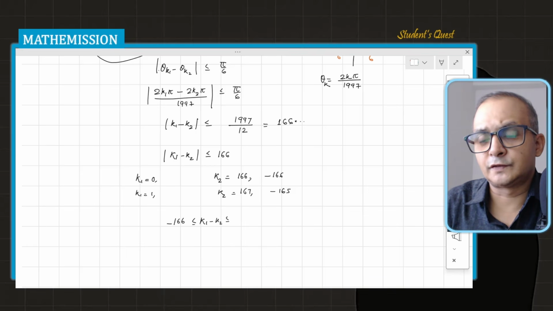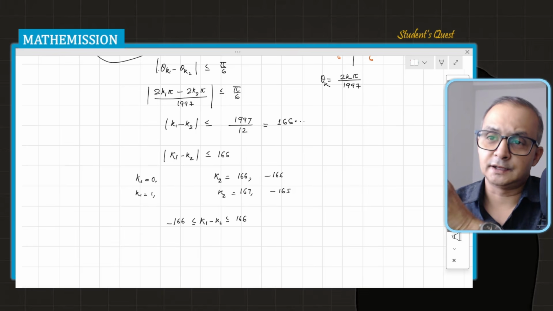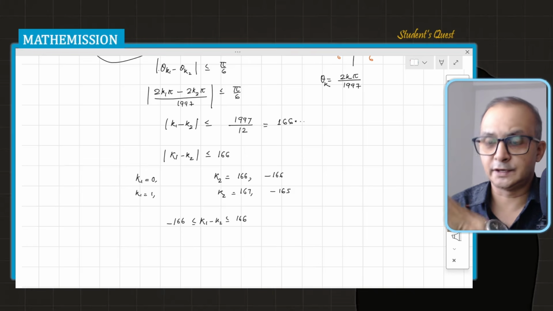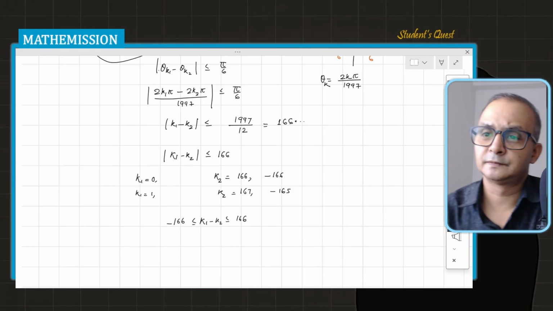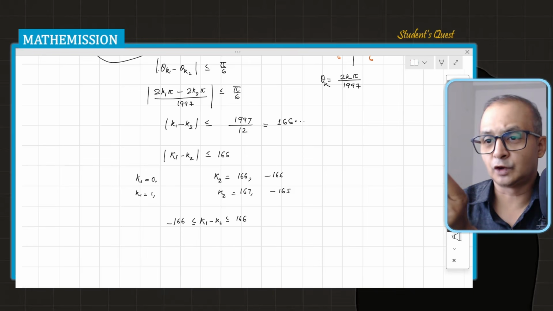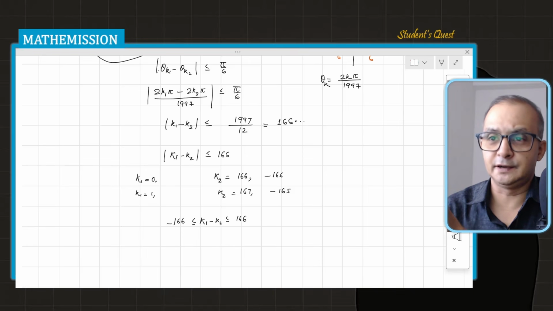And for each of these, we can find some values of k1, k2, so that it will give you the exact position of the two complex numbers which is desired.